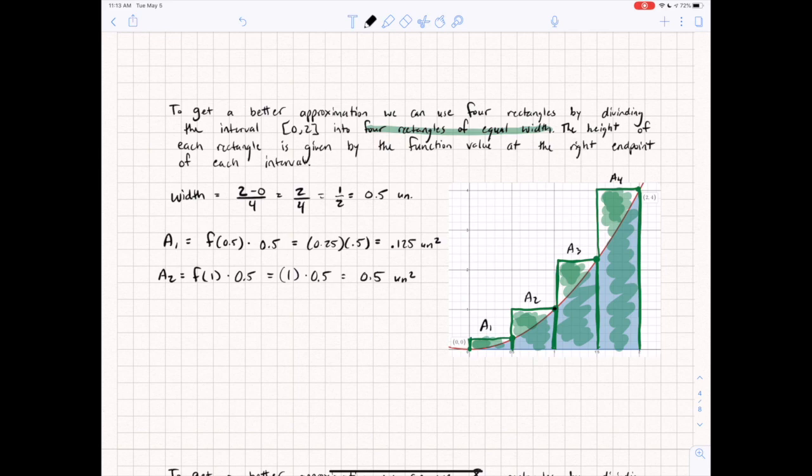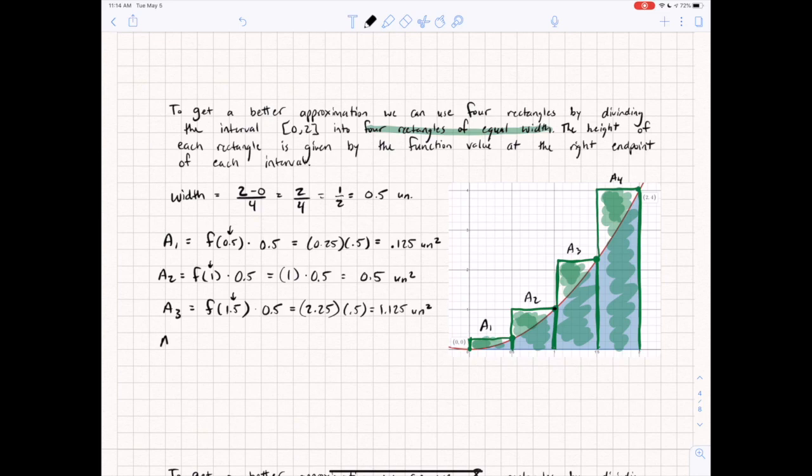The next rectangle, the height is determined by f of 1.5. So you can see how everything in the parentheses is essentially going up 0.5. And then I'm going to multiply this by the width, which is 0.5. And so I would get f of 1.5, so 1.5 squared is 2.25 times 0.5, and I get 1.125.